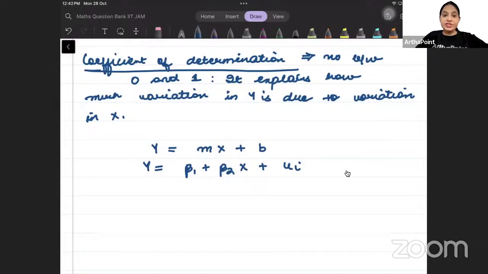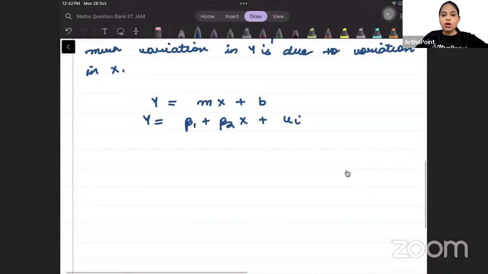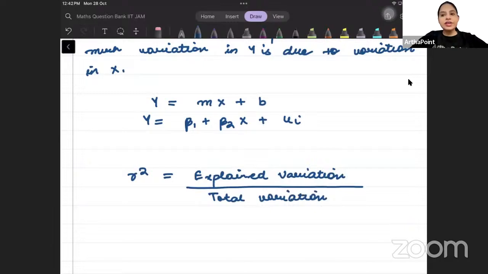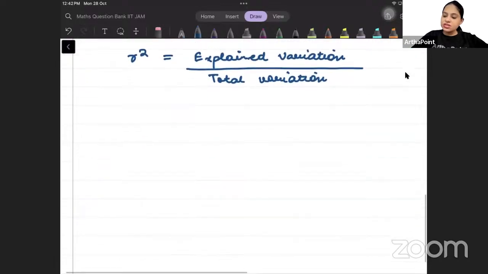Whenever you have this kind of regression, you should remember that this r square is basically explained variation upon total variation. But explained variation means, अगर आप थोड़ा सा वापस जाओगे तो ये ESS भी था और ये TSS भी था.